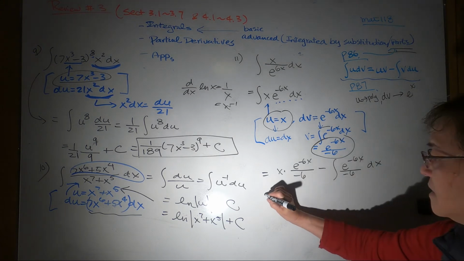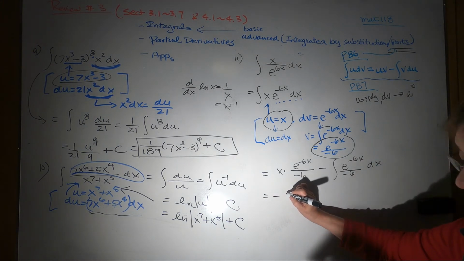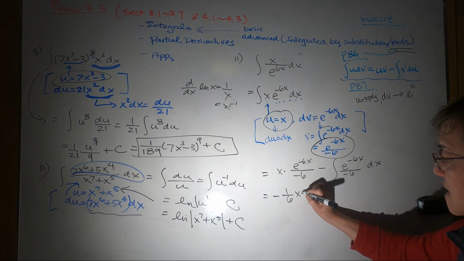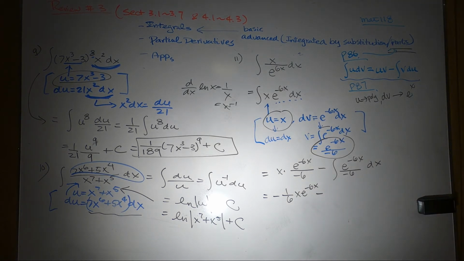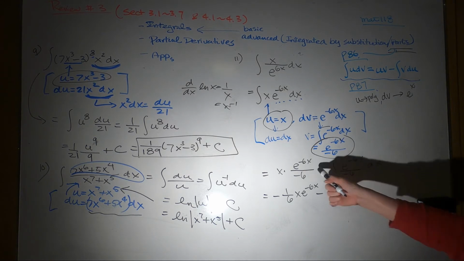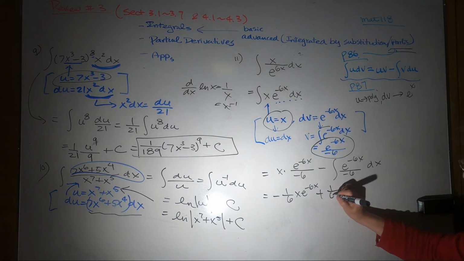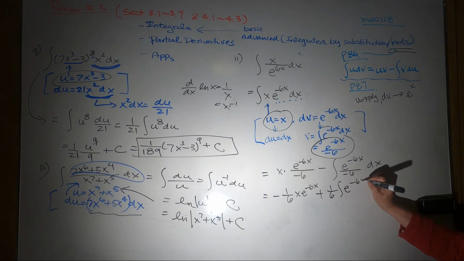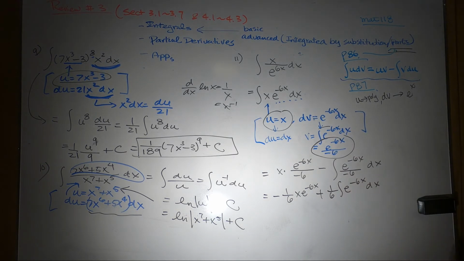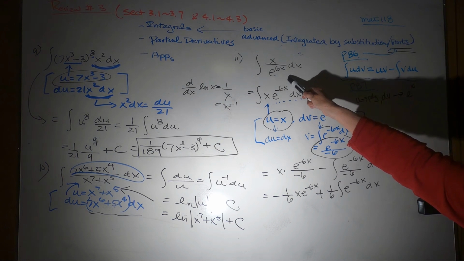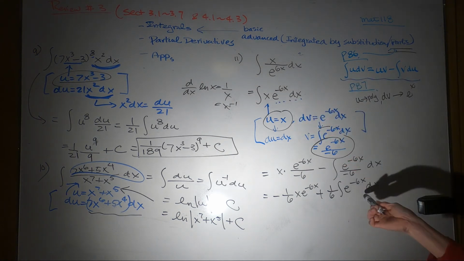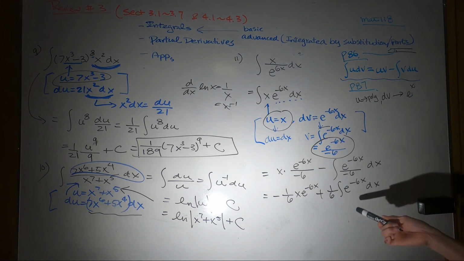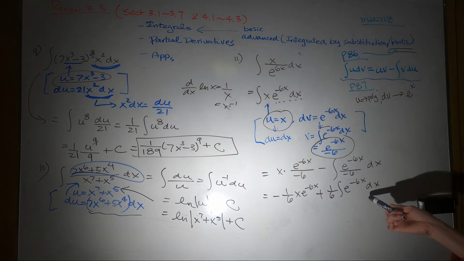So what do we have here? Negative 1/6 x e to the negative 6x, right? Then taking the constant out, plus 1/6 times the integral of e to the negative 6x dx, right? So you make a complicated integral, two things multiplied together, into a simpler integral, so we can resolve this more easily.